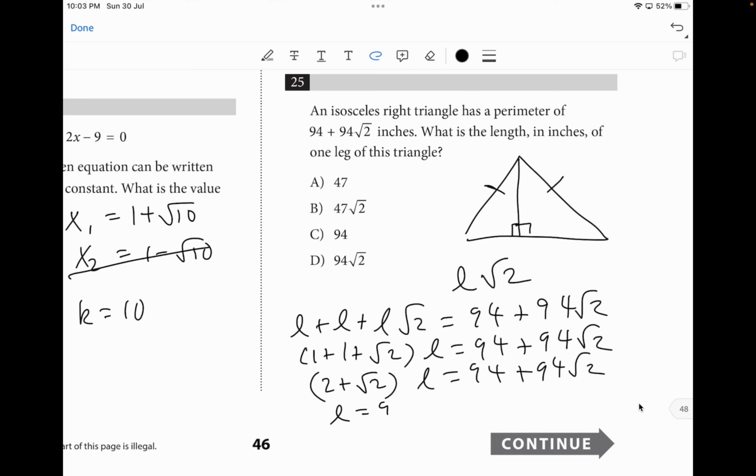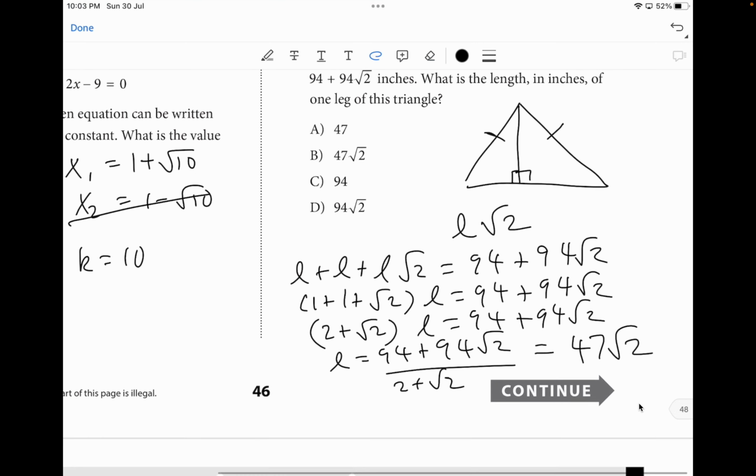So L is equal to 94 plus 94 square root 2 divided by 2 plus square root 2. If you plug these values into your calculator, it's going to give us 47 square root 2.